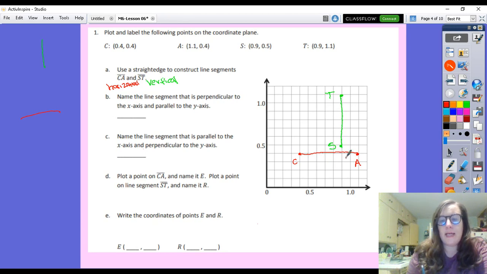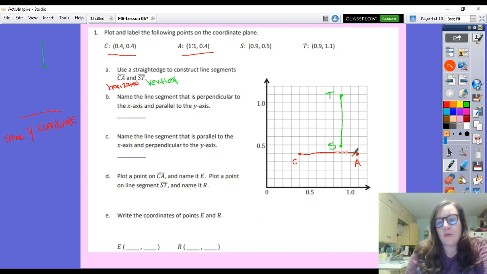Now they want us to name, well, actually, before we do that, let's look at line CA, our horizontal line. What do we notice? What patterns do we notice with their coordinates? Their x coordinates are different, but their y coordinates are the same. So I'm going to put under my horizontal line that it's going to have the same y coordinates. And we'll see if that continues.